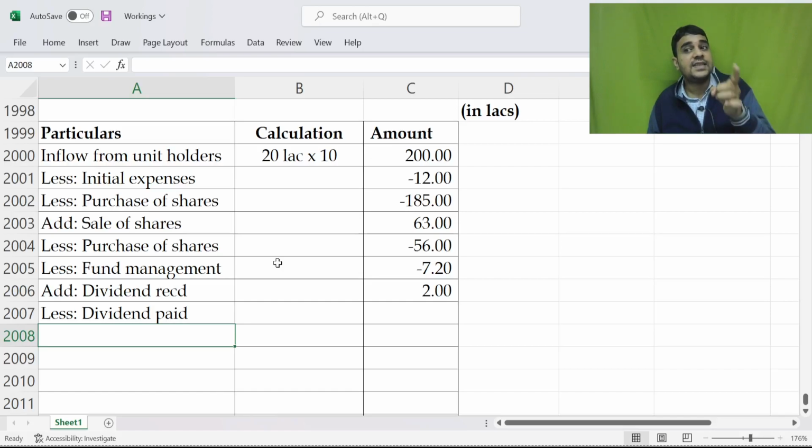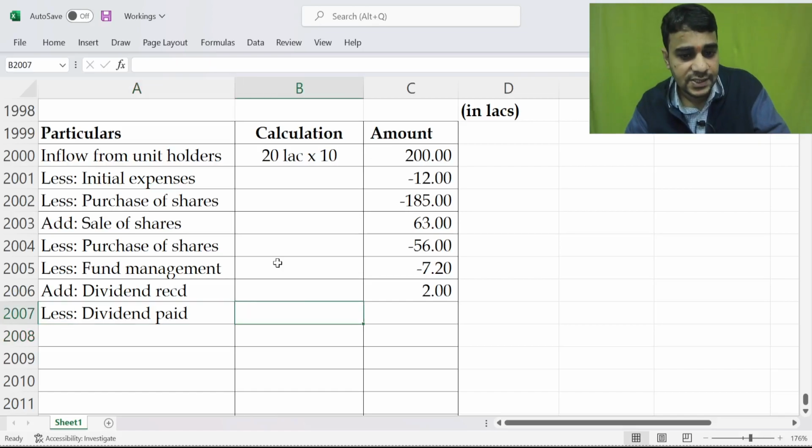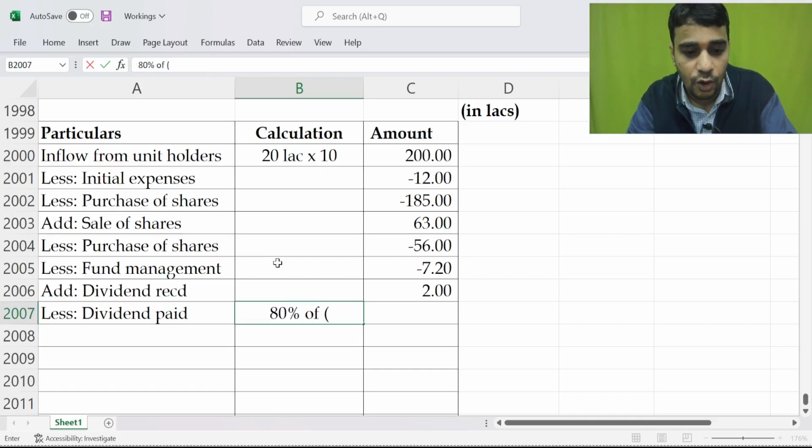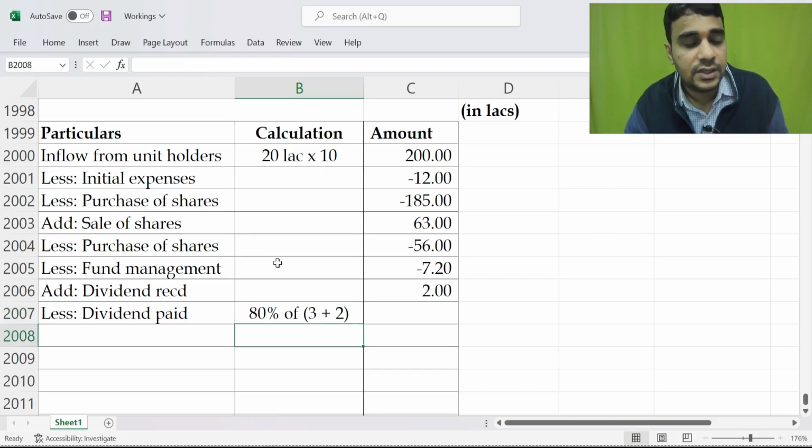The data says 60 was sold for 63 to calculate the realized gain. So my dividend is 80% of 3 plus 2. 3 lakh is the realized profit. 2 lakh is the dividend. 80% of realized gain, which is realized profit of 3 lakh plus dividend of 2 lakh.